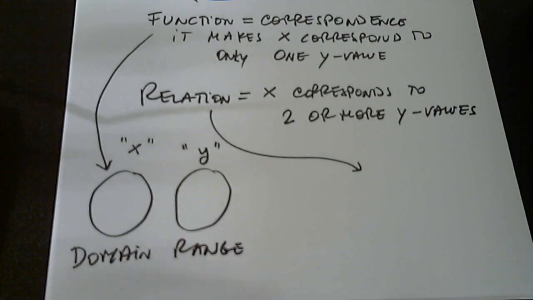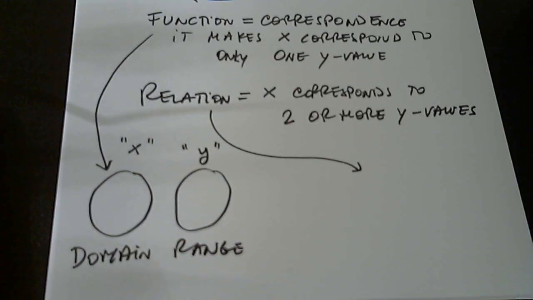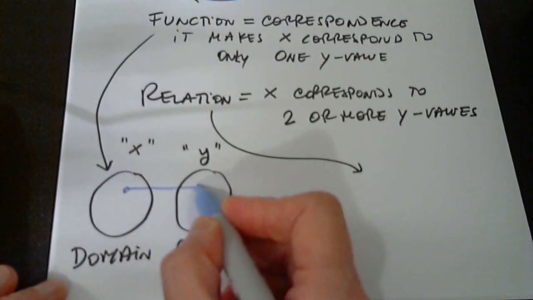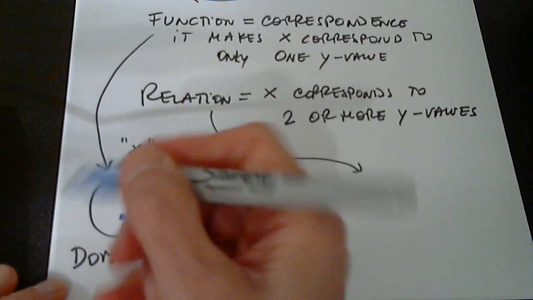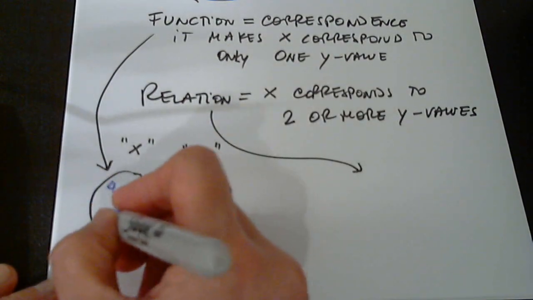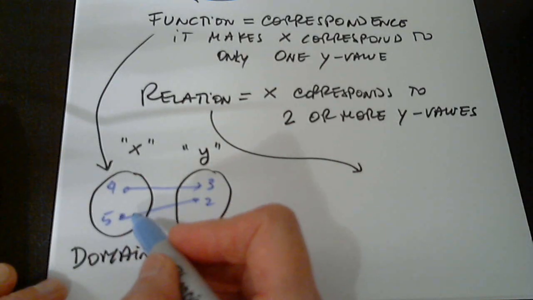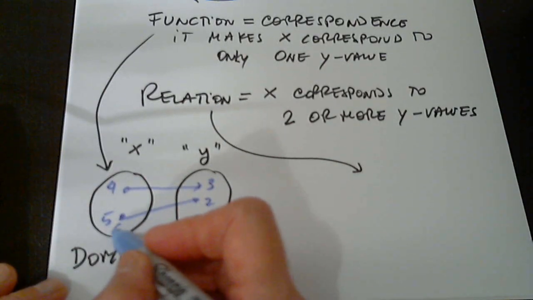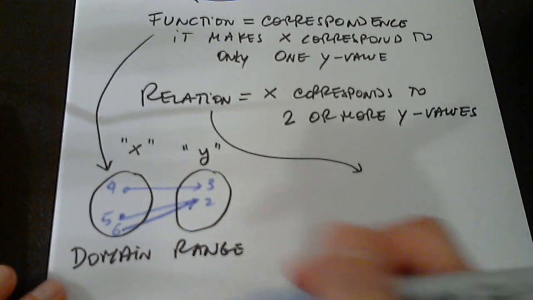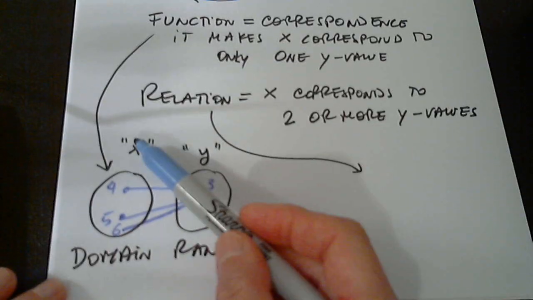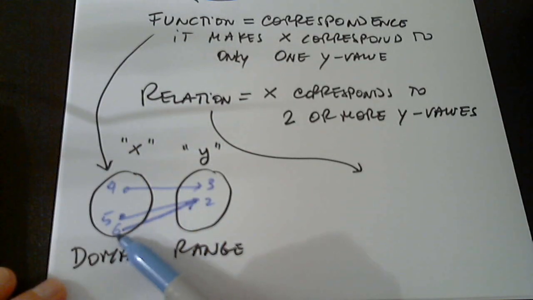So now if the correspondence is like this, I'm just going to put some numbers, 4, 5, 3, 2, even this, let's say 6, corresponds also to 2. This is a function. Each x value corresponds to only one y value.